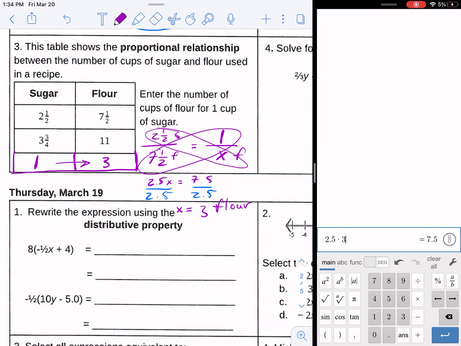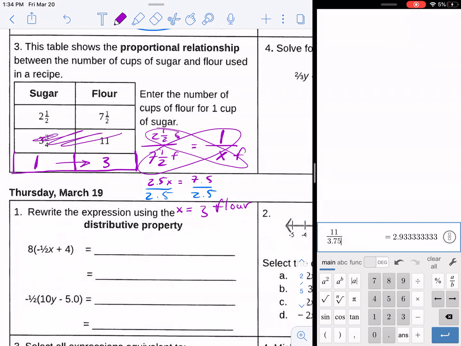This table shows the proportional relationship between the number of cups used. Well, let's just confirm it. It's 11 divided by 3 and 3/4. Well, 3/4, that's 0.75. That's not proportional. Whatever.